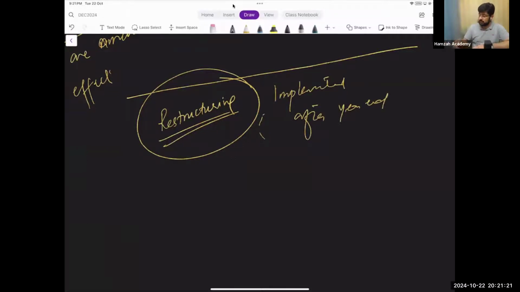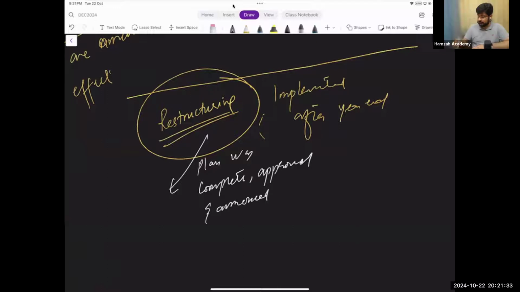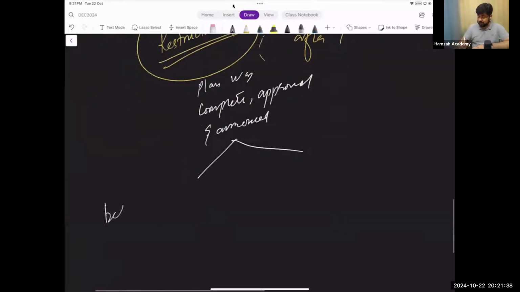So the plan was complete, approved, and announced before year end or after year end.